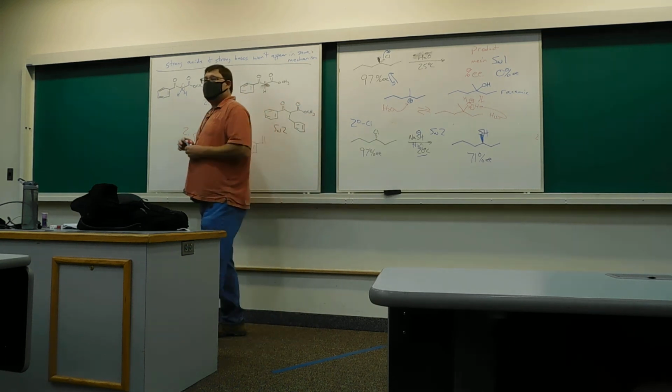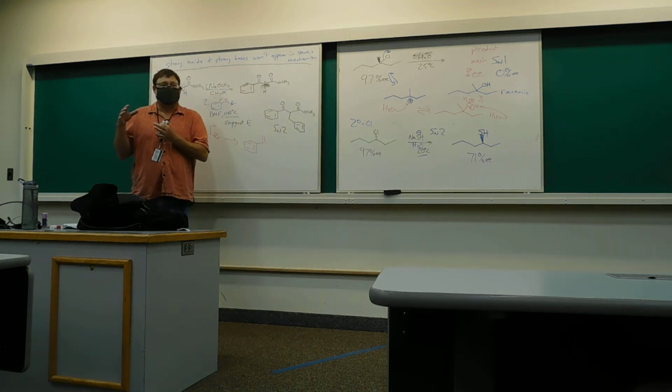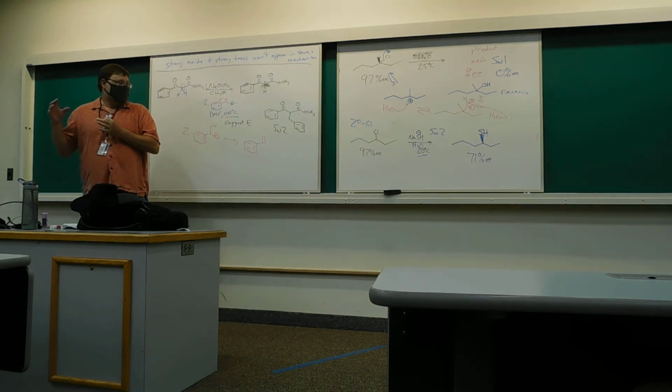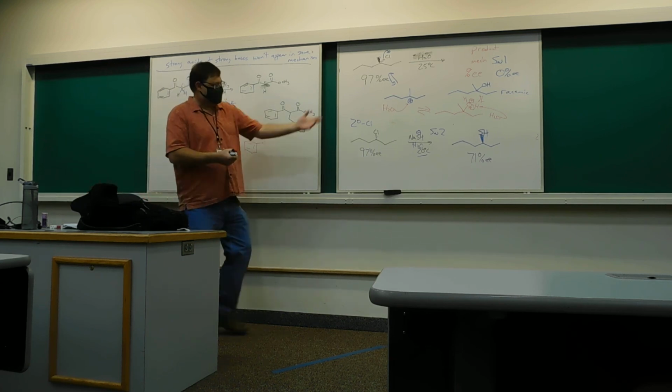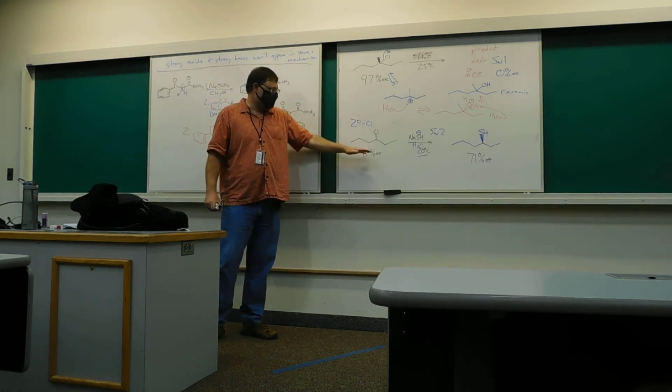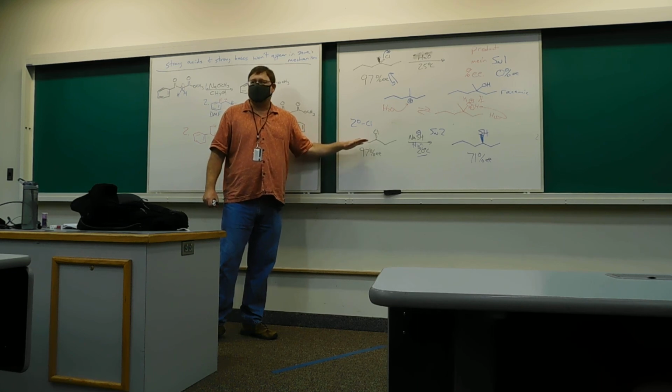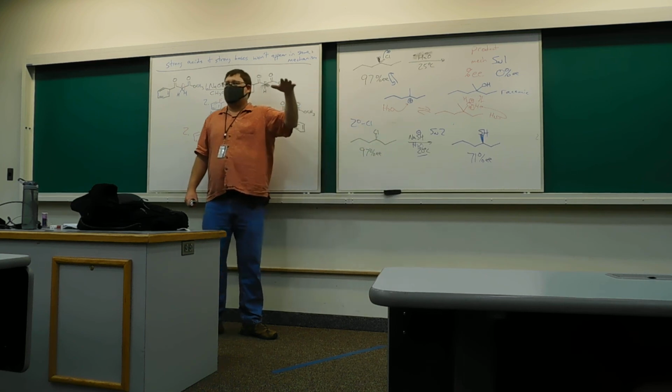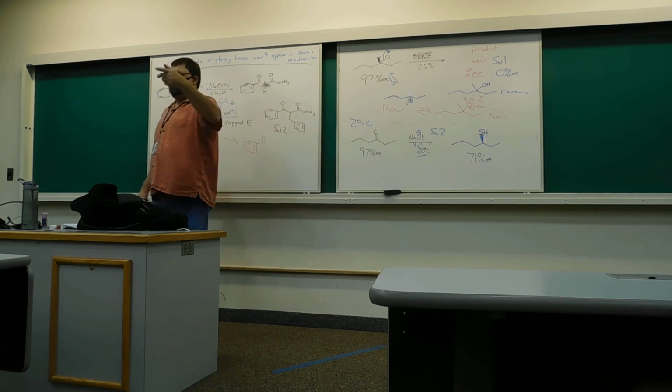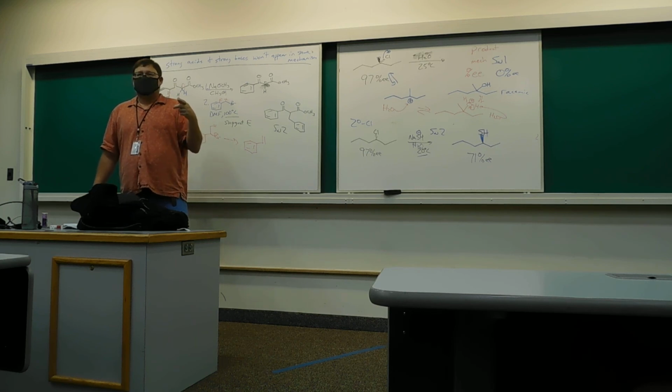If I took my 97% EE chloride and I do what I think is an SN2 reaction and I find that I get a 71% EE, what's happened is 20 or 30% of the molecules have gone through an SN1 path. Chloride would leave, you get a secondary cation, and then that gets attacked.